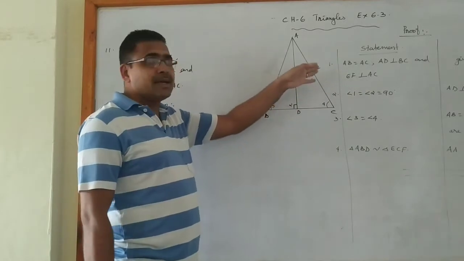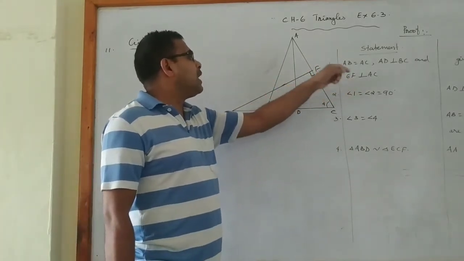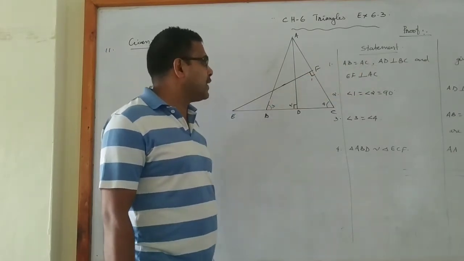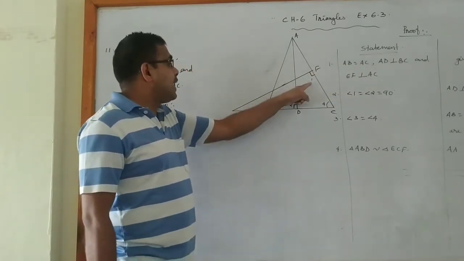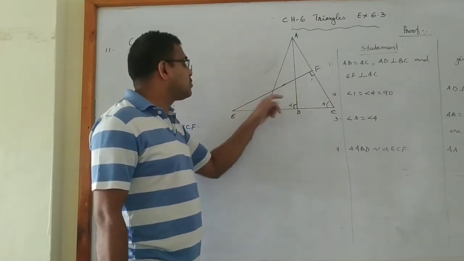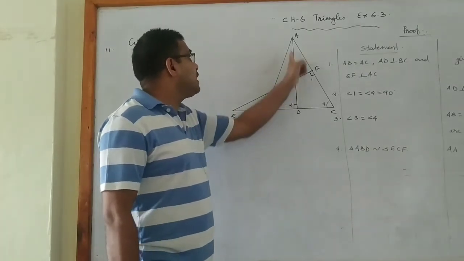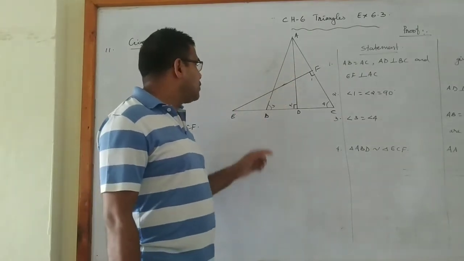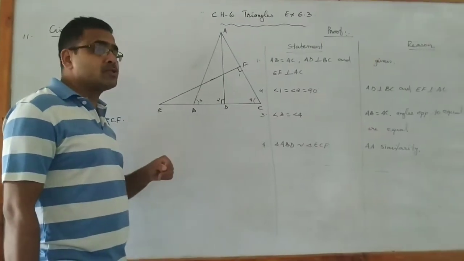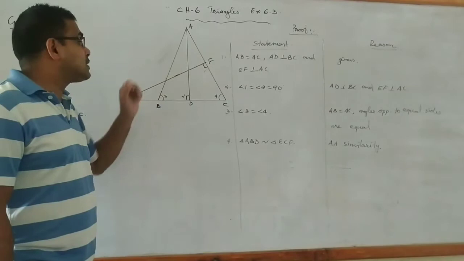See the proof. First statement, the given things we have written: AB equals AC, AD perpendicular to BC and EF perpendicular to AC. Reason is given. Second, you see angle 1 and angle 2 are equal to each other. Both are equal to 90 degrees each. Reason is AD perpendicular to BC and EF perpendicular to AC. Now you see angle 3 and angle 4 are also equal to each other. We studied in class 9 that angles opposite to equal sides are equal.